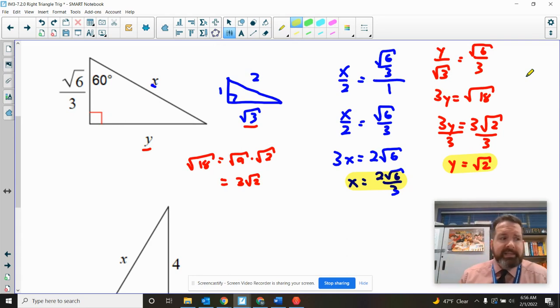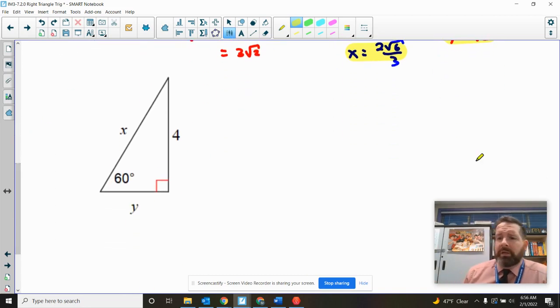Okay, there that is. So please don't skimp, but also don't overcomplicate. Draw a new triangle, set up a proportion that will allow you to solve for what's missing. Now for this last one, I'm actually going to show you another way to do it. This is how I like to think about it because I've got my ratios committed to my memory.